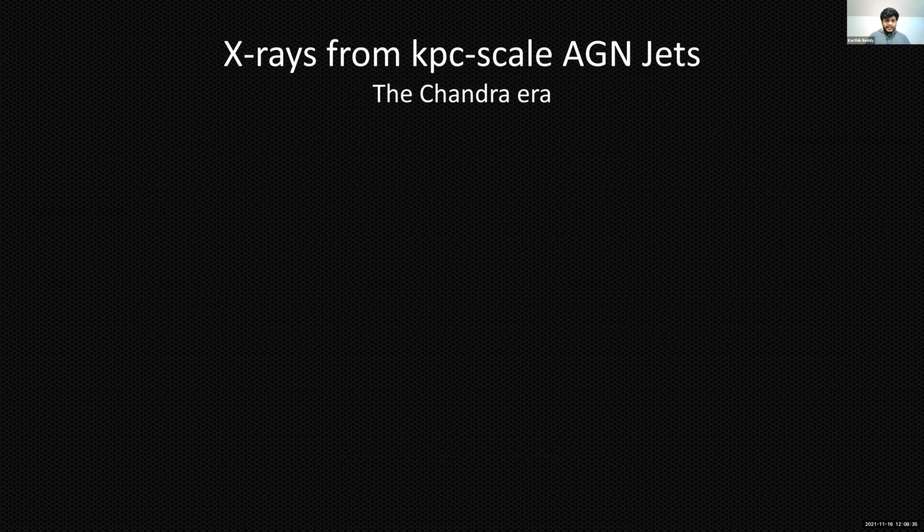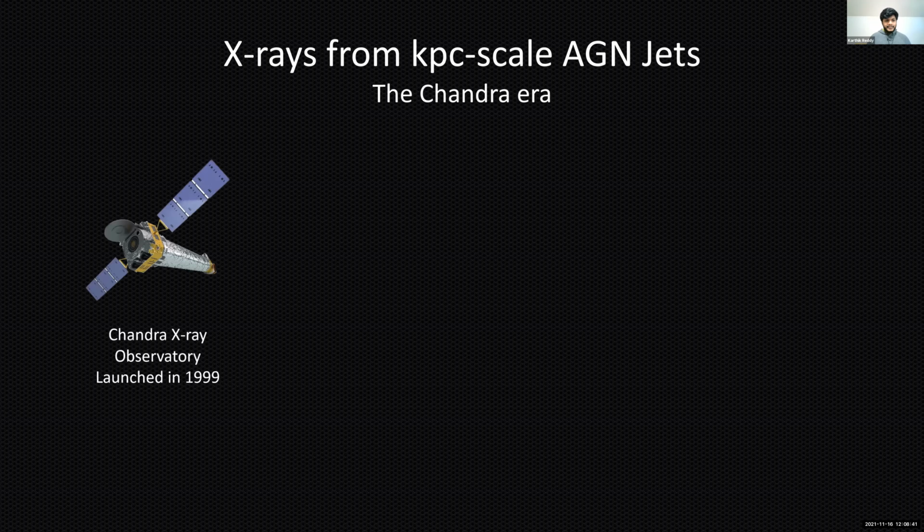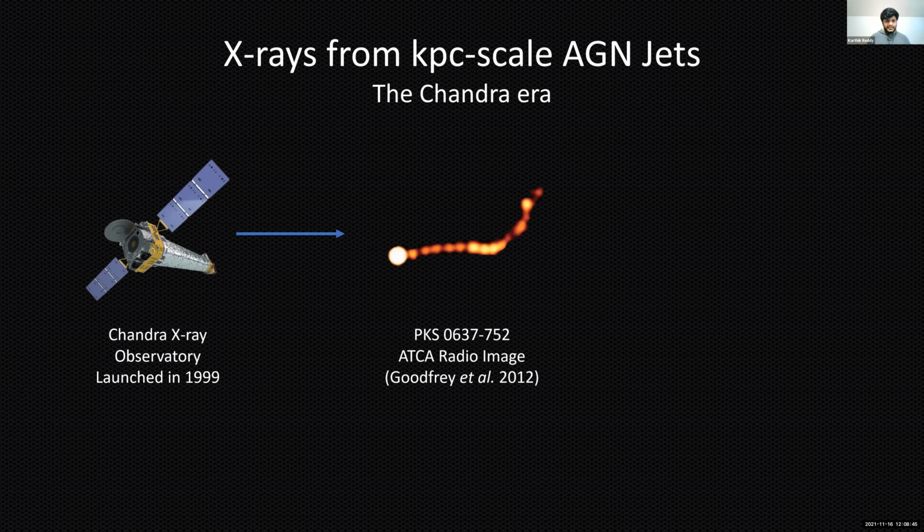So the history of X-ray emission from AGN jets dates back to 1999. It was when the Chandra Observatory was launched, and when the ground team was trying to calibrate its optics using a distant quasar called PKS 0637-752. The ground team assumed that this quasar was going to be a bright point source in the X-rays.